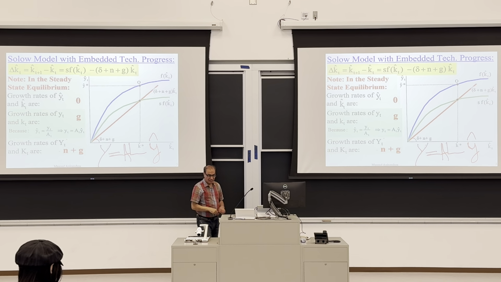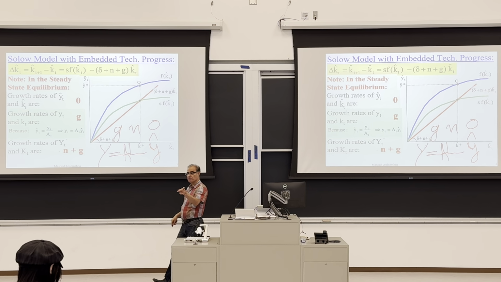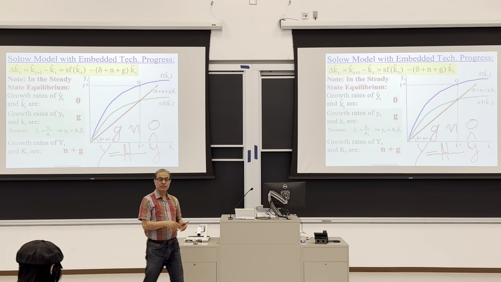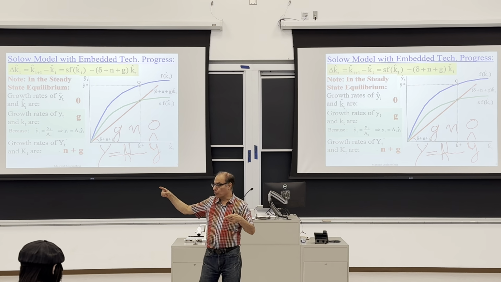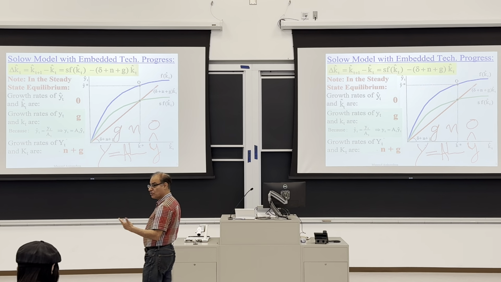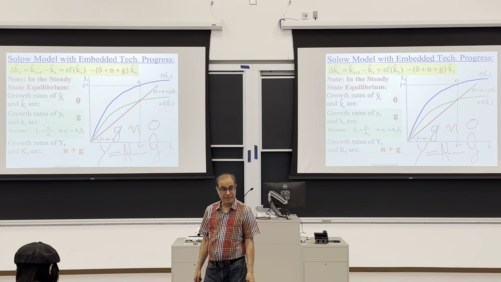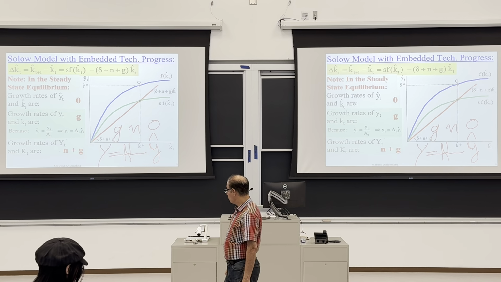Growth rate of y hat is 0. Growth rate of L is N. Growth rate of A is G. You remember, guys, we talked about this algebra of growth rates. If three variables are multiplied and each has its own growth, the product is growing at what rate? Make sure you know how to deal with growth rates. This is something you need to know when you work in economics in the future.